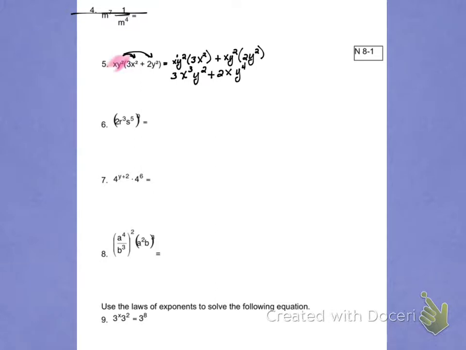Okay, and then you look to see if you can combine these in any way. Well, remember, you cannot combine unless the terms are exactly the same, and these terms are not identical. This is an x cubed, this is an x squared, y squared, y to the 4th. So we cannot combine, so our answer is this.